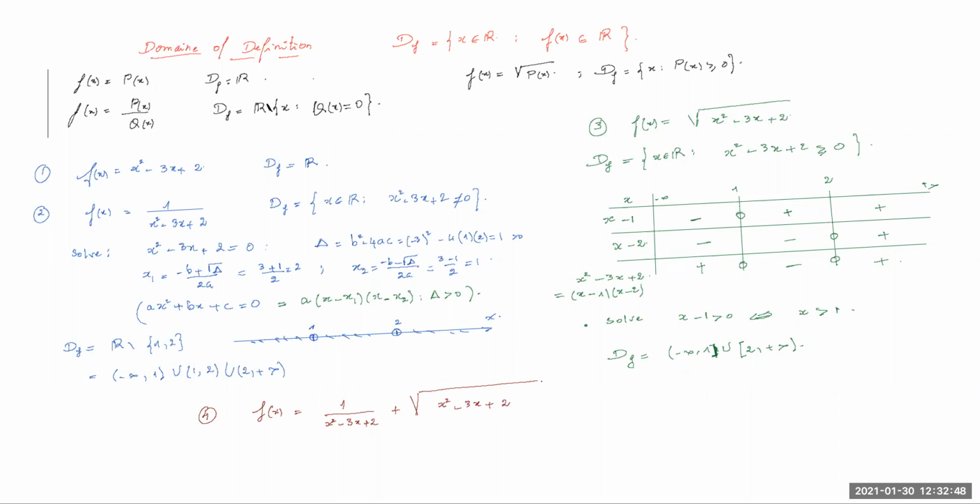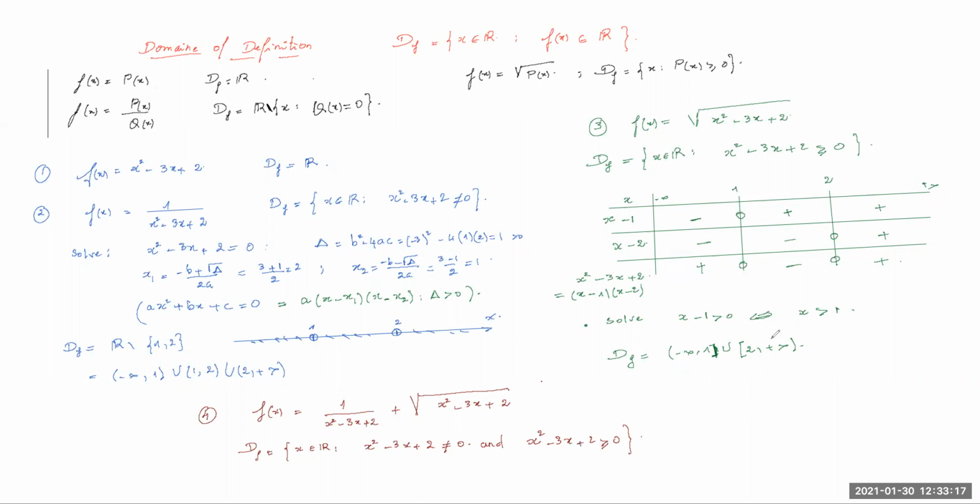Then for my domain, I will look for the set of all possible real numbers so that I need to eliminate 0, defining the denominator different from 0, and the expression positive or equal to 0.